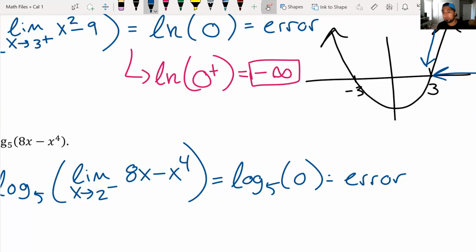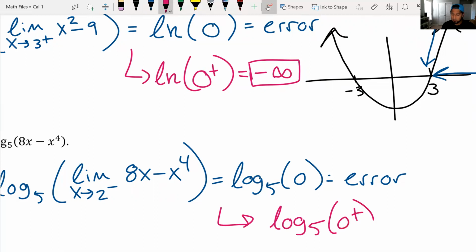Therefore, it can satisfy the actual log function it is inside of. That is why we rewrite it as log base 5 of 0 from the right, which will still equal, guess what? -infinity. Perfect. Now, are all of these answers -infinity? No.